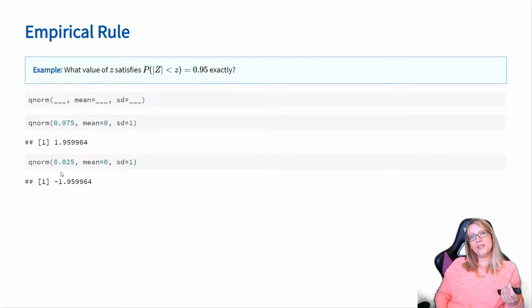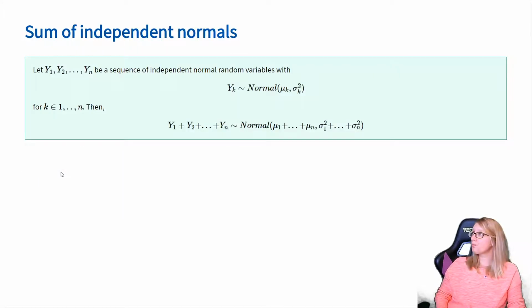It turns out that exactly 1.96 standard deviations below the mean and 1.96 standard deviations above the mean give that 95% probability. Now in the empirical rule, we want something that is quick, easy to remember, easy to apply. So that's why we round from 1.96 up to 2.